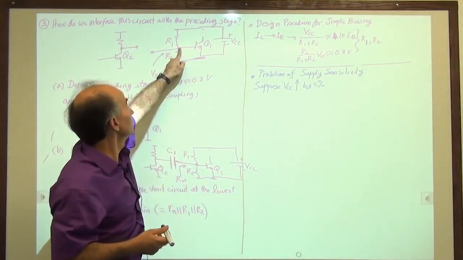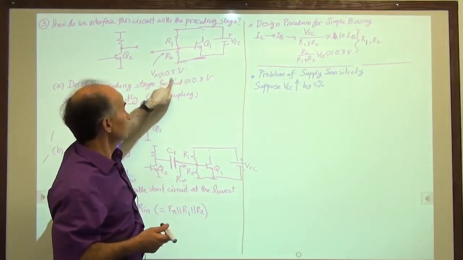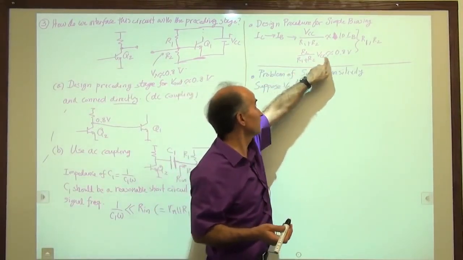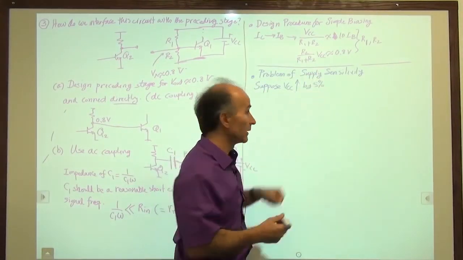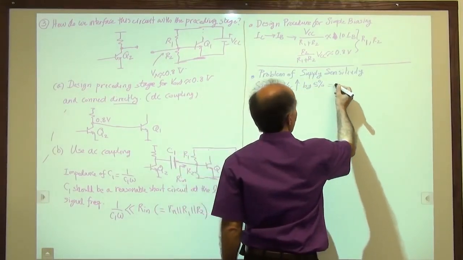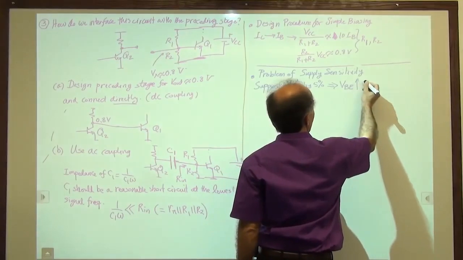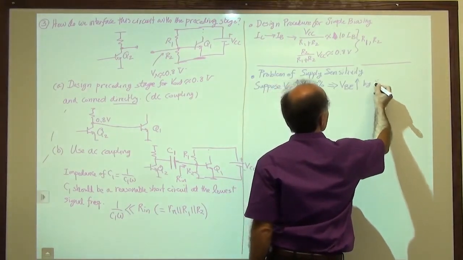What happens to this base emitter voltage in the divider? Well, that goes up by 5%. If VCC goes up by 5%, this fraction goes up by 5%. So that means that VBE goes up by 5%.